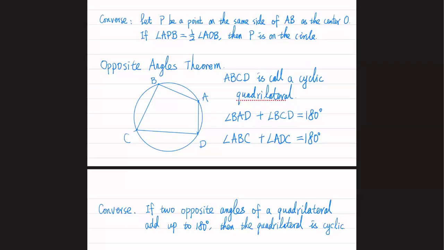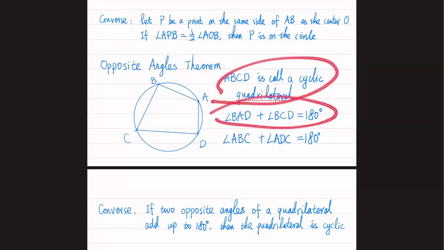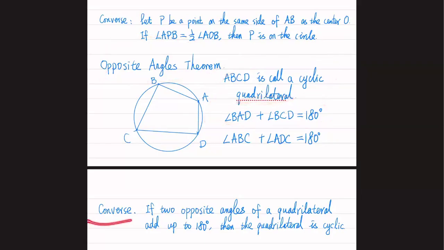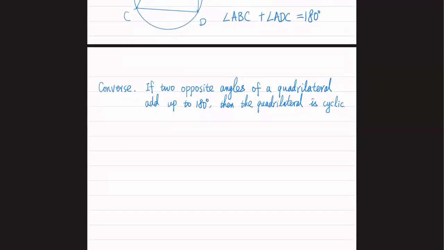Again, we go backward. The theorem is that if we know it's cyclic, we have the identity. The converse is if we have the identity, it must be cyclic. Okay. Next one is the intersecting chord theorem.